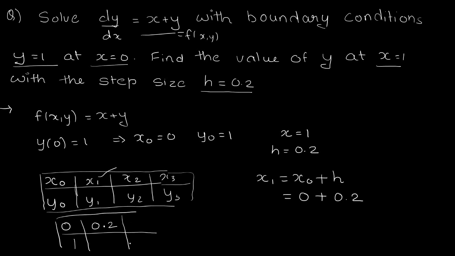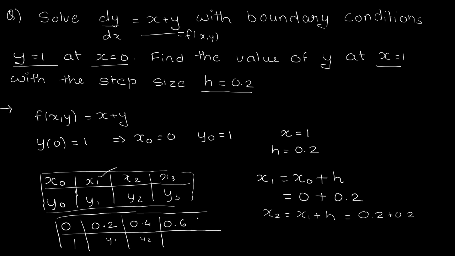And for this I will have to find the value of y1. Then x2 is x1 plus h, that is 0.2 plus 0.2, that is 0.4. Then I will have to find y2. Next will be x3. X3 will be x2 plus 0.2, that is the h size, so 0.6.